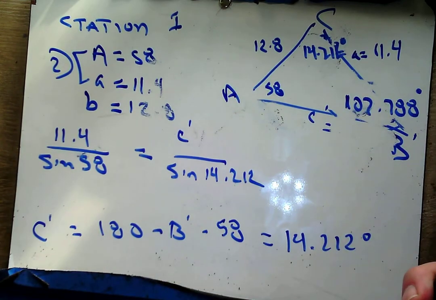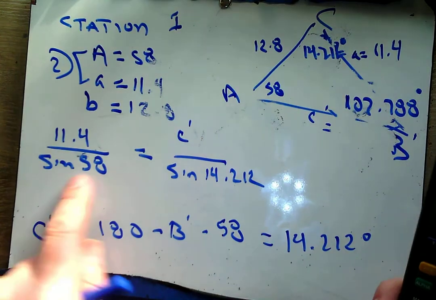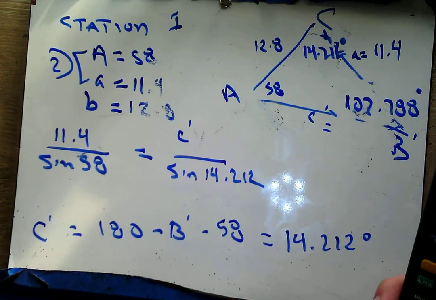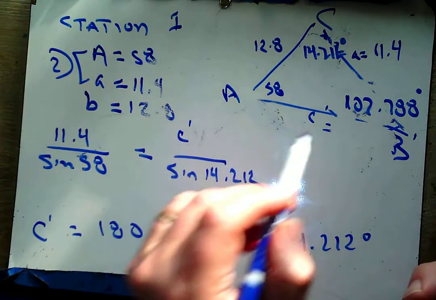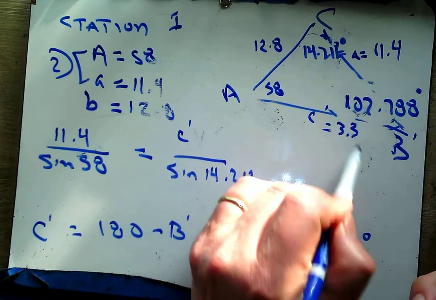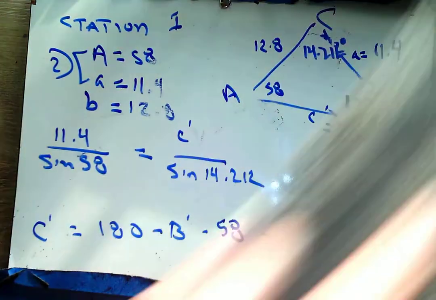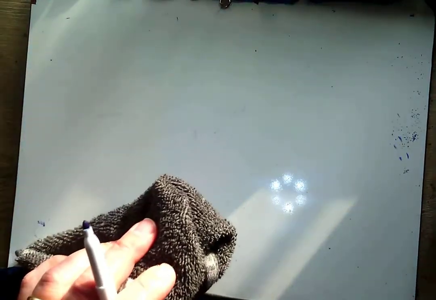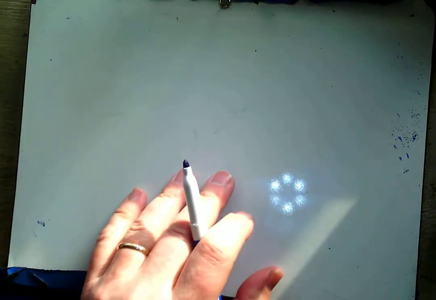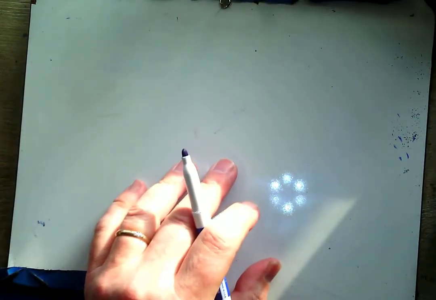So let's do the sine of 14.212 and multiply that by 11.4 and divide by the sine of 58. And I end up with 3.3. And there's my c prime. So I really do have two solutions here. And guess what? No one's going to remind me of that when I go to take a test. So please make sure you're comfortable with that.